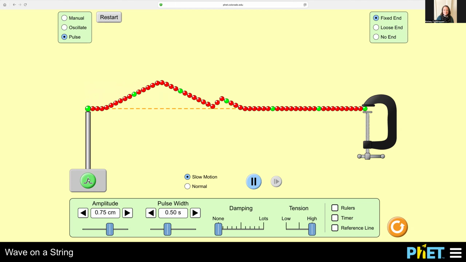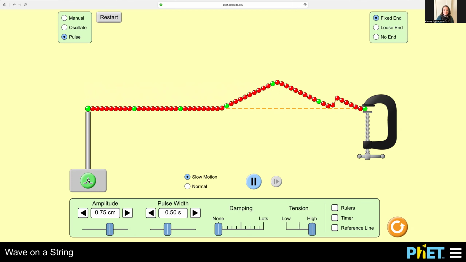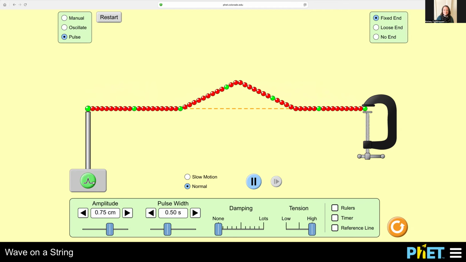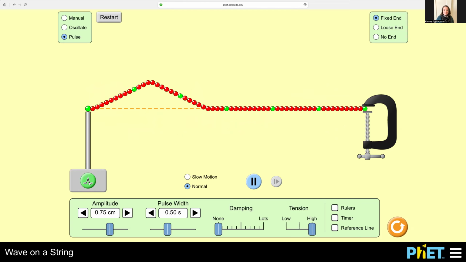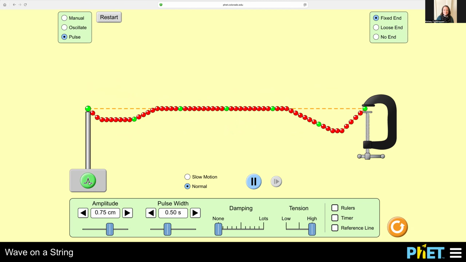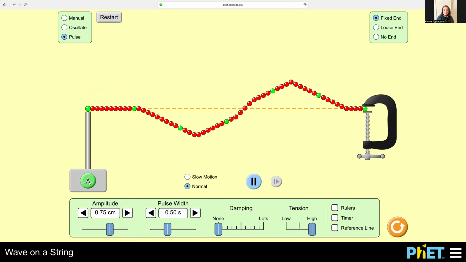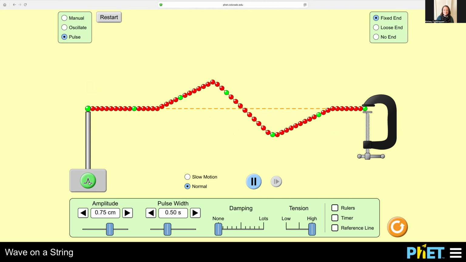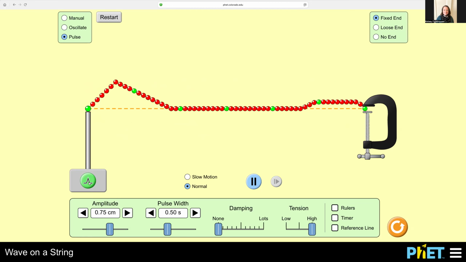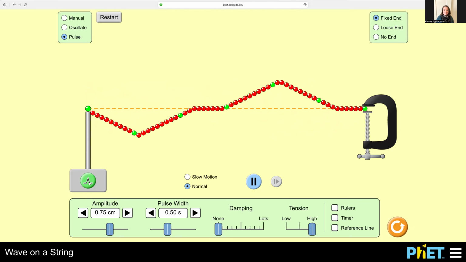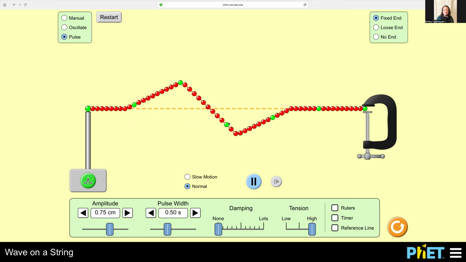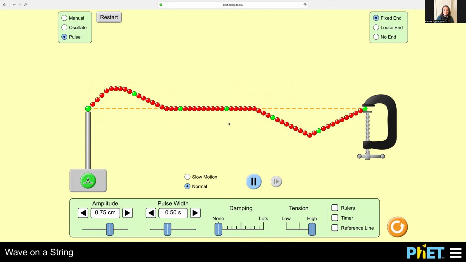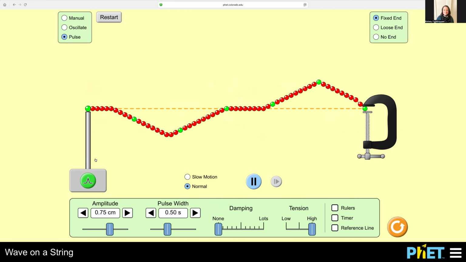Oh, no. That's two waves really quickly in a row. That's not right. Let's try this again. I can go at normal speed. And we do it like that. No, because they're always going to destructively combine in this. But you could imagine that constructively it would just be bigger, right? They just meet up in a slightly different way.